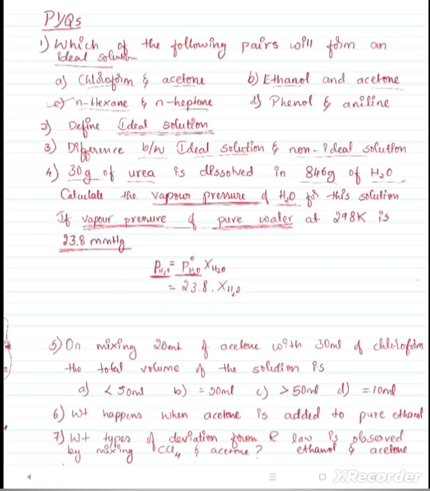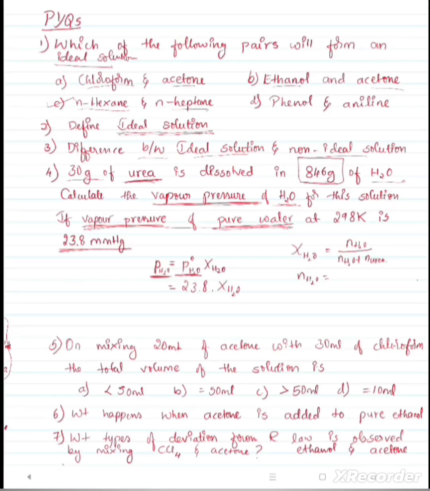Then I should find the mole fraction of water. Mole fraction of water is equal to the number of moles of water divided by the number of moles of water plus the number of moles of urea. First we find the number of moles of water: given mass divided by molar mass.